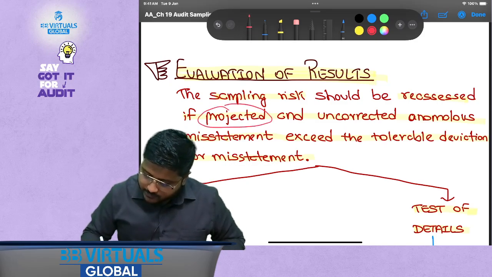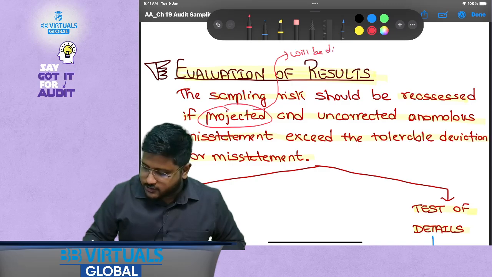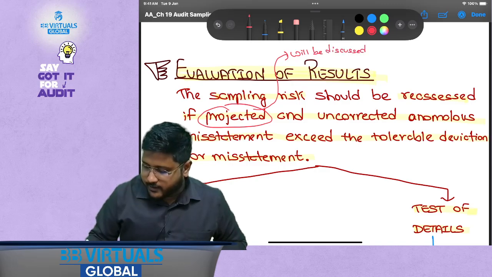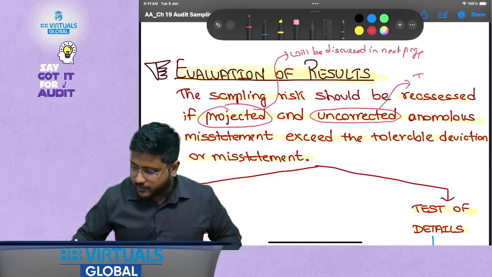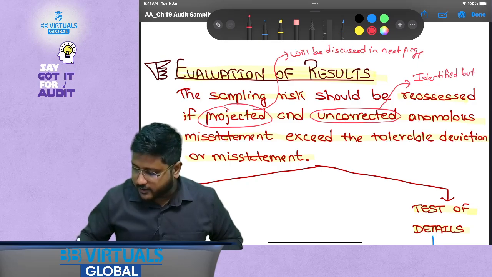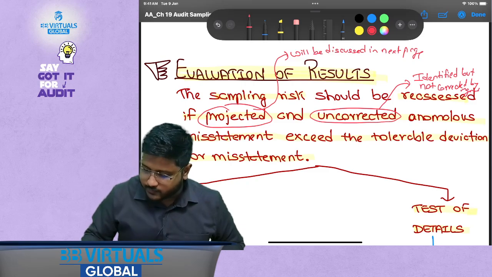So projected will be discussed later in the next page. But when I talk about uncorrected, this is identified but not corrected by management. Okay, I hope this is clear.